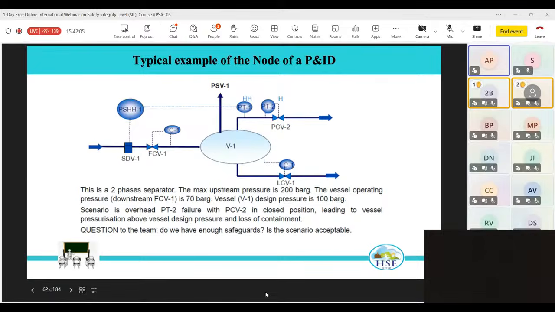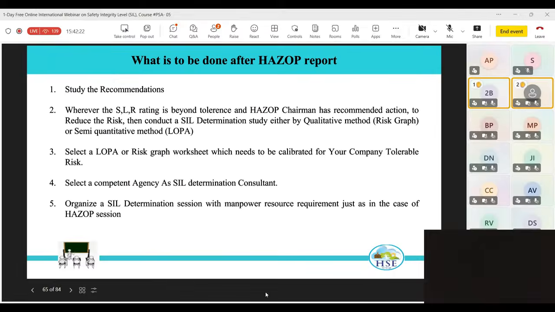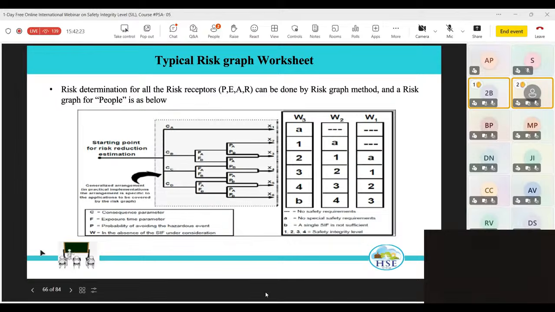The severity will be CA, CB, CC or CD. Suppose you say that CD is the highest criticality and CA is the lowest criticality, then go back to that. Suppose you consider medium, CB. CB is the severity which you assign here.